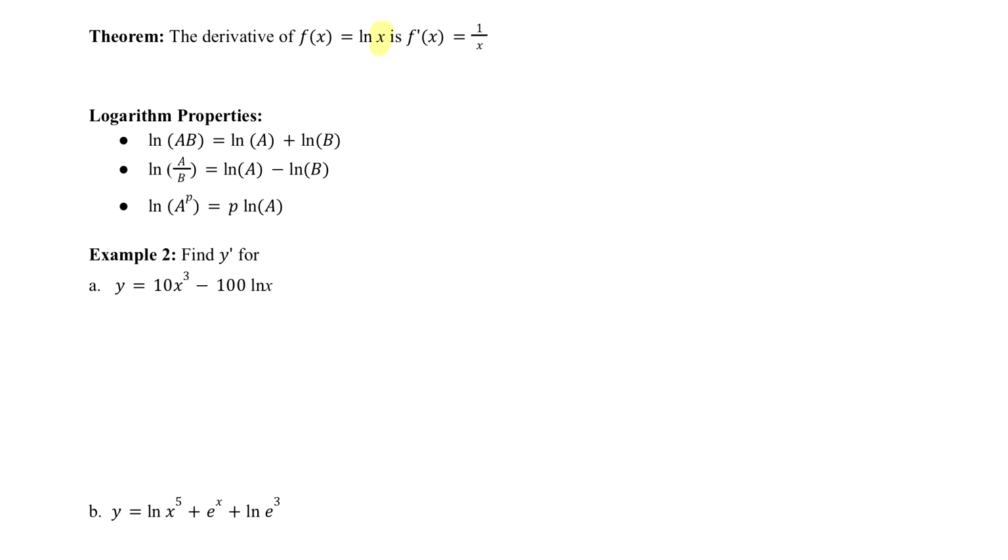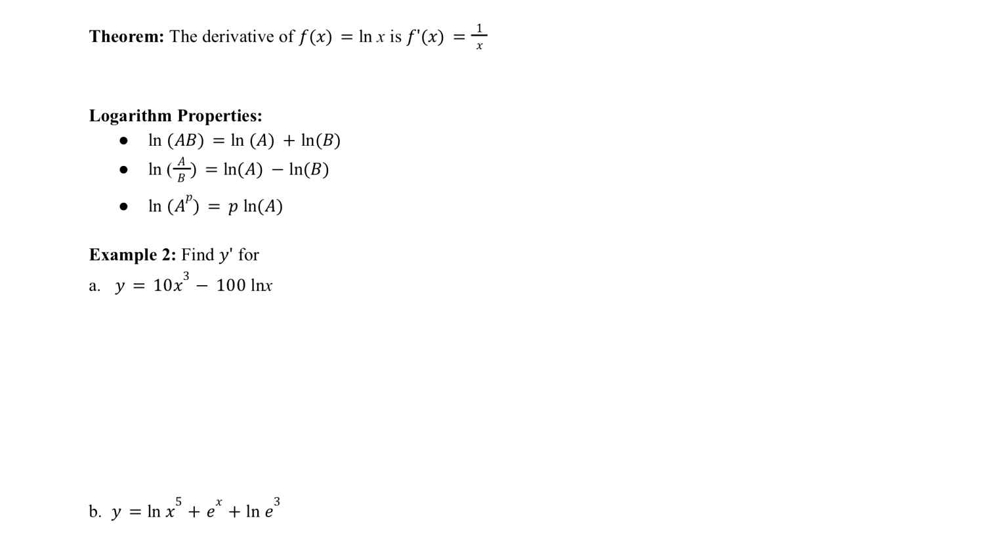If what's inside the natural logarithm is more complicated than just x, let's say I had natural log of x squared, I don't necessarily know how to do that. I would need to use some of these log properties to help me find this derivative. So we're going to look at some examples where we practice using these logarithm properties to simplify our function first, and then take our derivative.